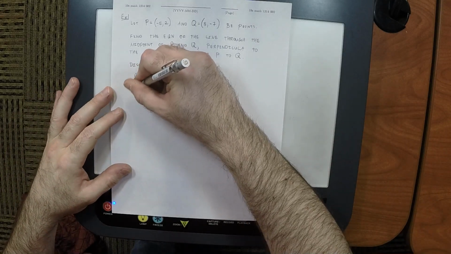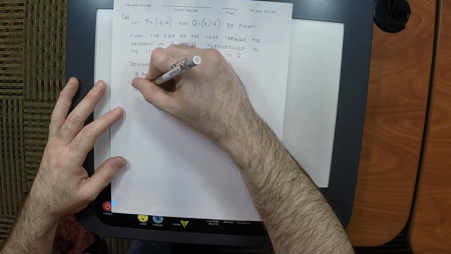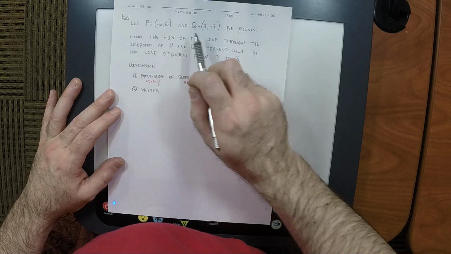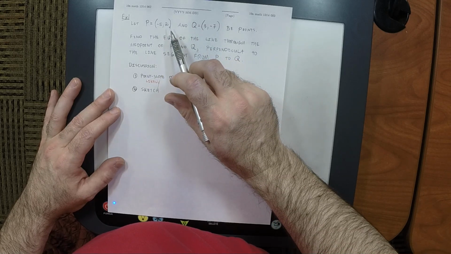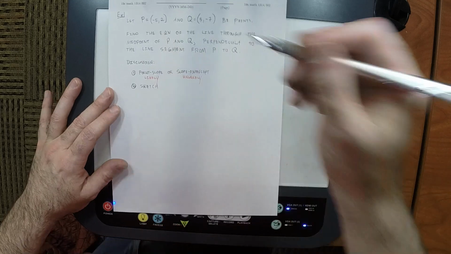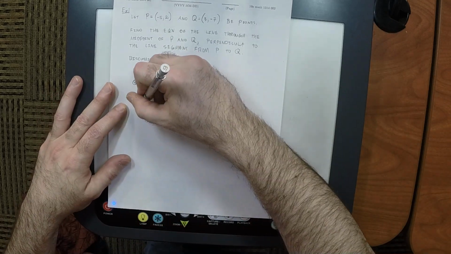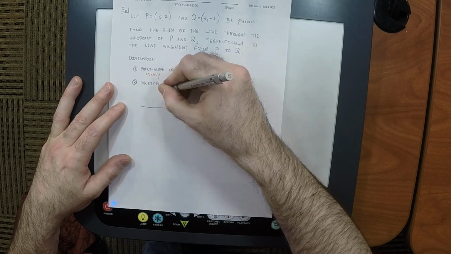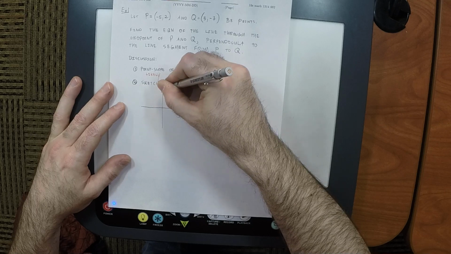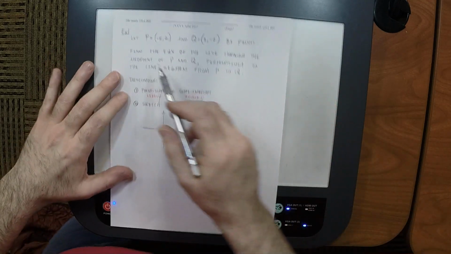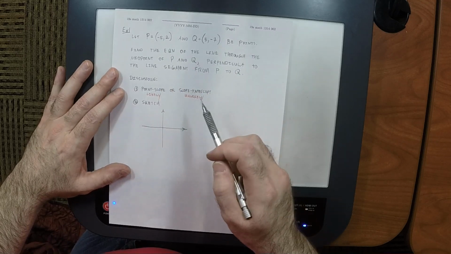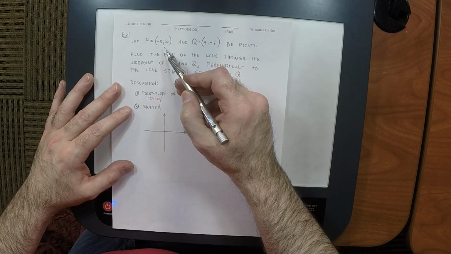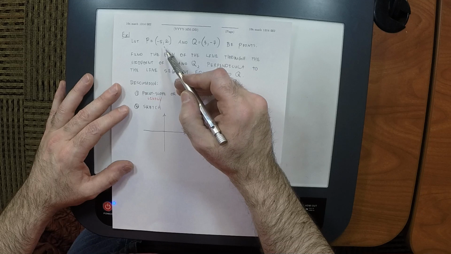Second, to give ourselves a picture, a sketch of what's happening. We were given 2 points. And if here's the axis generally, then I'm going to just plot generally where they belong. I'm not worried about exactly where they belong. So in which quadrant is P? And you can say left, right, bottom, top, whatever.